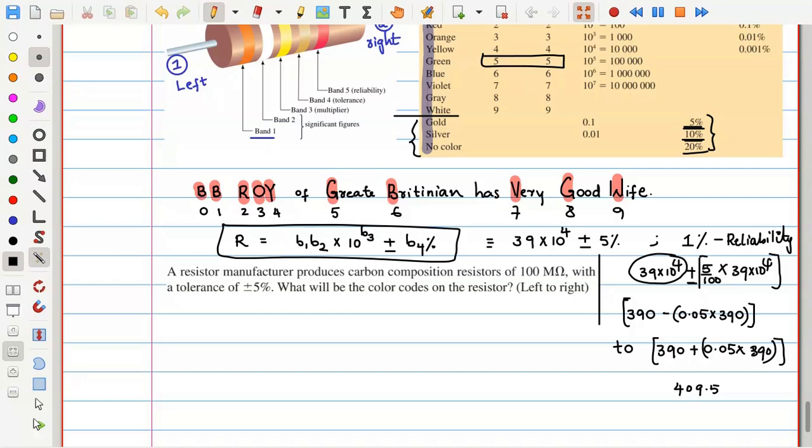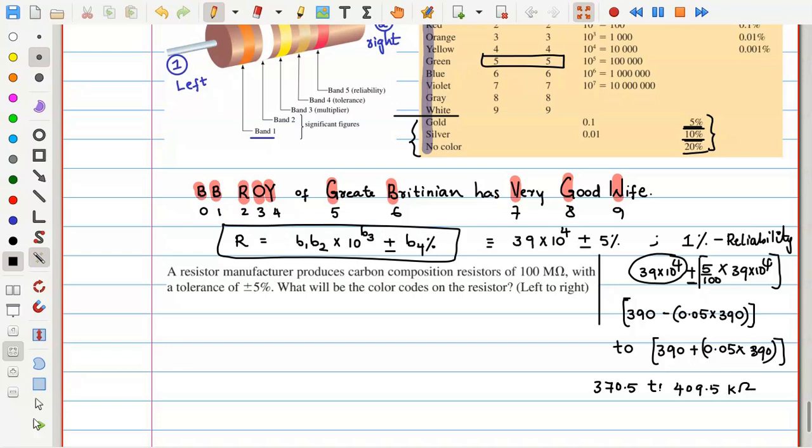This is kilo ohm, right? What is the minus value? 0.05 into 390, somebody should calculate 19.5. You should subtract that from 390: 390 minus 19.5.